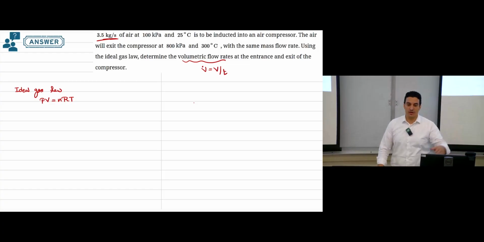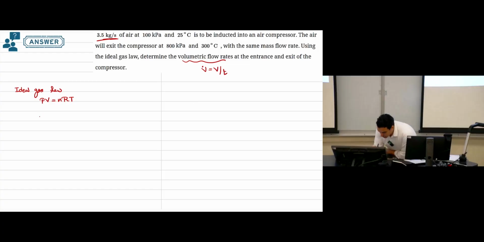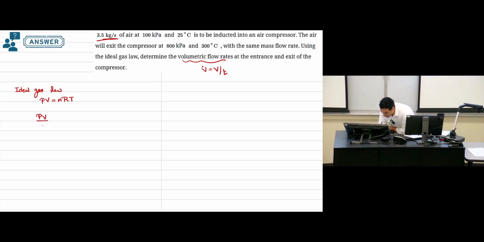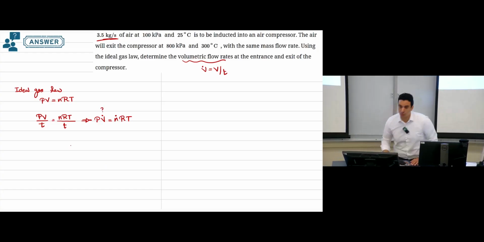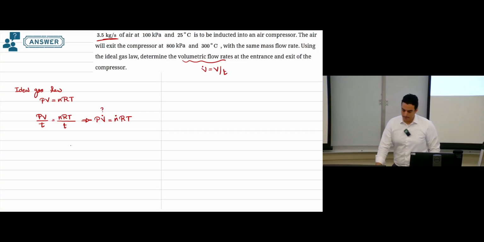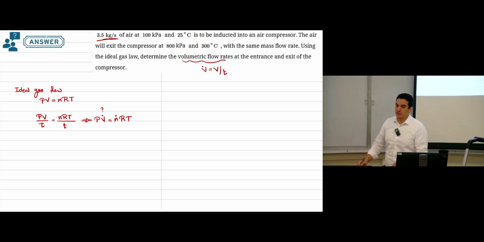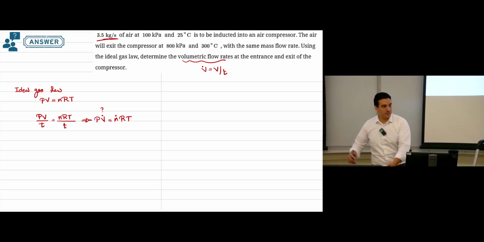Rate means anything divided by time. So this will be PV over time equal nRT over time. So this will be pressure times the volumetric flow rate equals molar flow rate times RT. And this volumetric flow rate is what we need to calculate. So you make the calculations twice, one time at the inlet, one time at the outlet.